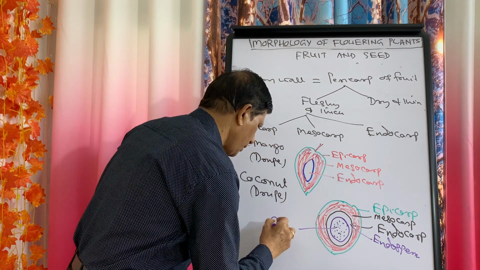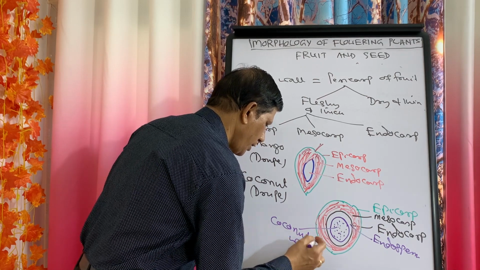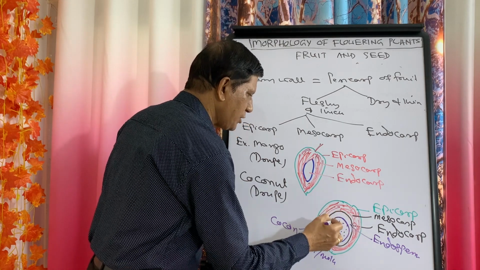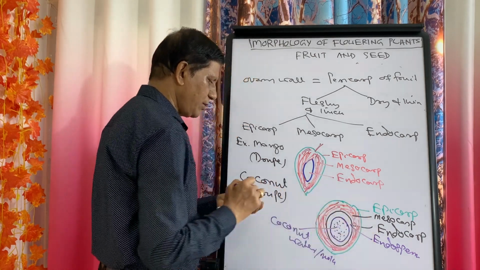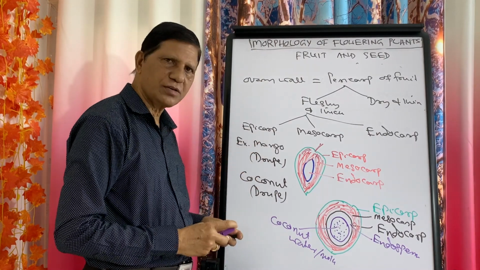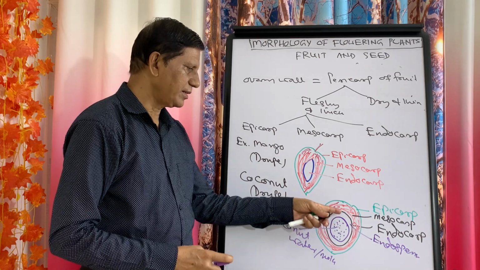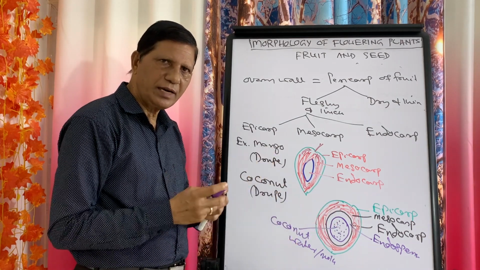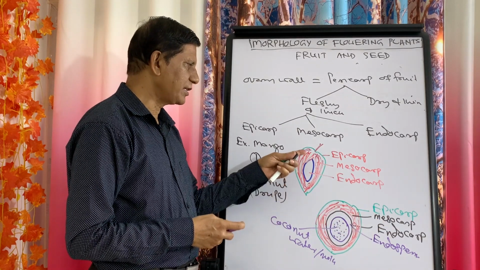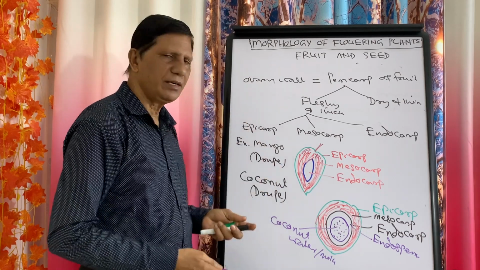We can call it coconut water or coconut milk. This part is edible, which is endosperm. So you see, both mango and coconut are drupes, but the edible parts are different. In coconut, the endosperm present below the endocarp is edible, but in mango, the mesocarp is edible. So these are some examples of fruits.